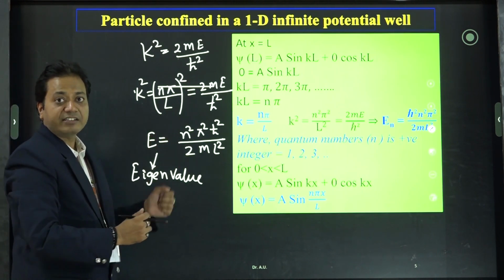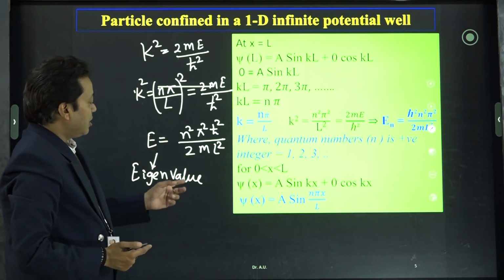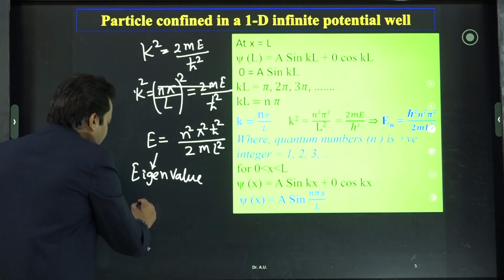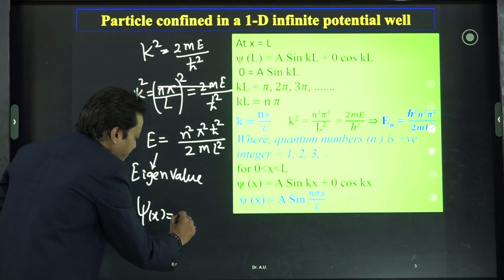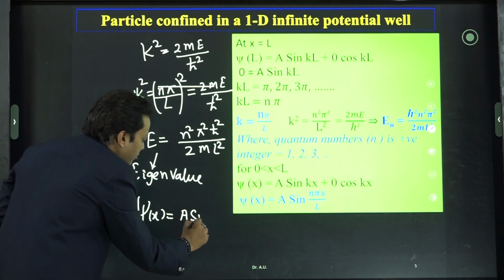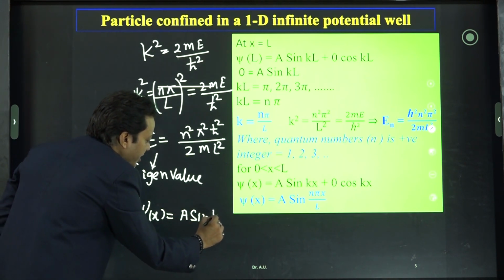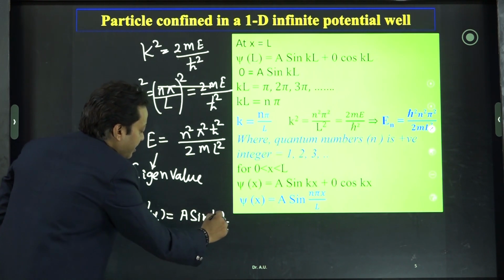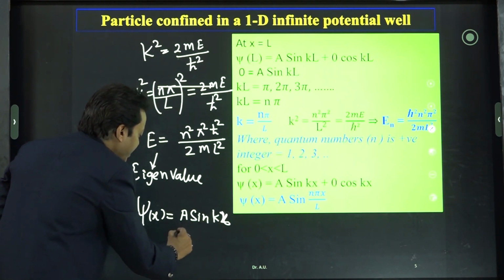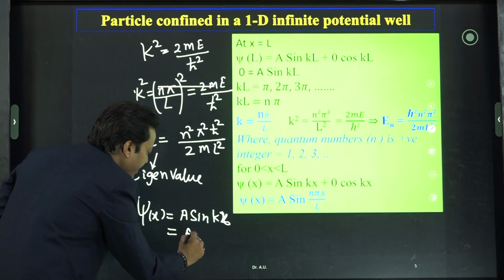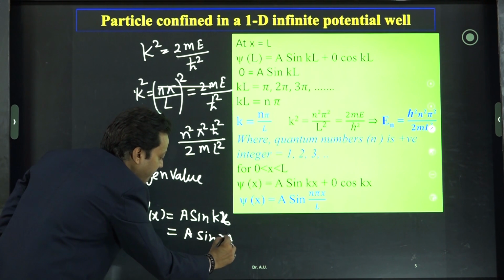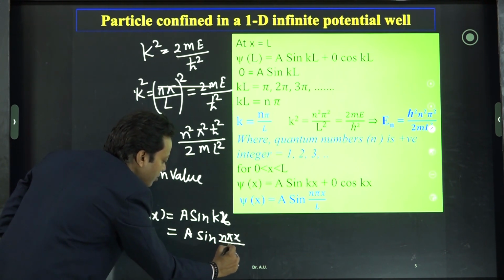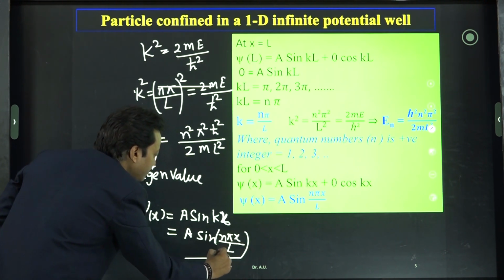E is also called eigenvalues. And we find the wave function also, psi of x is equal to A sine kx, where this k can be also written, A sine n pi x over L.